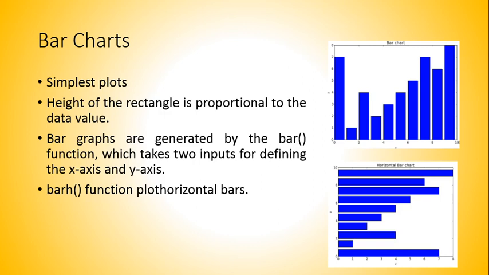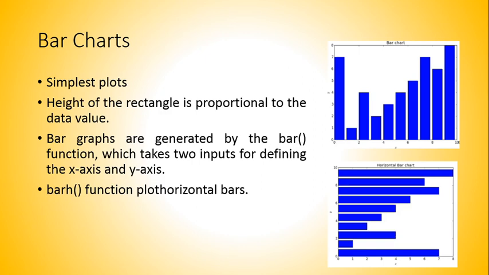A simple code has been explained here, which I am going to show you on this Google Colab platform. Similarly, barh is used for plotting horizontal bars. That has to be kept in mind, because there are two types of bar charts, one horizontal and one vertical.